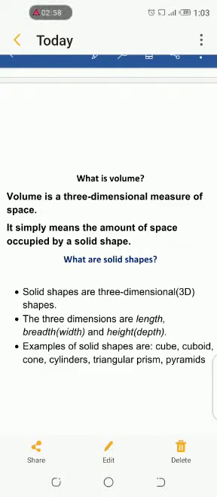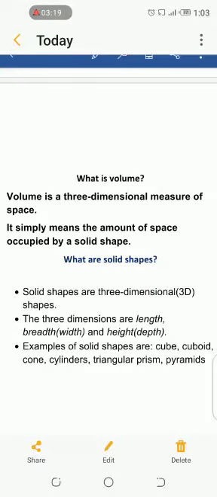These three parts make up a solid shape. A shape without these three major parts may not be regarded as a solid shape. So a quick look at some common examples of solid shapes.